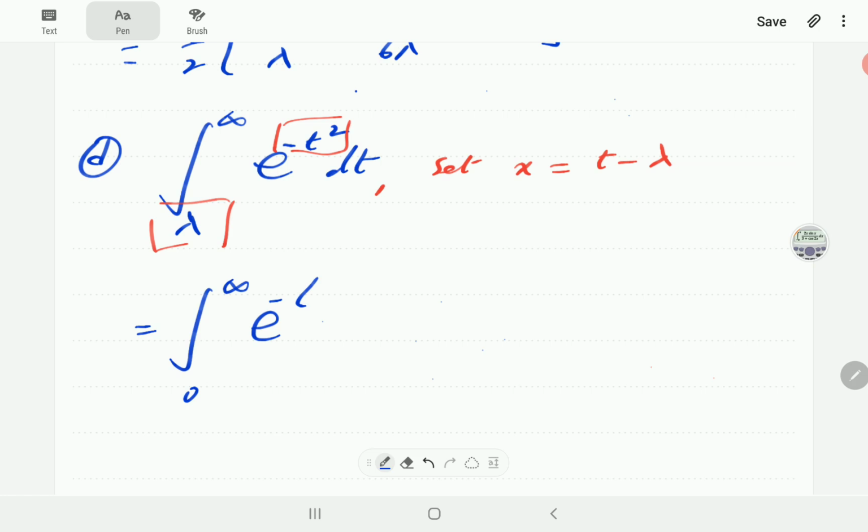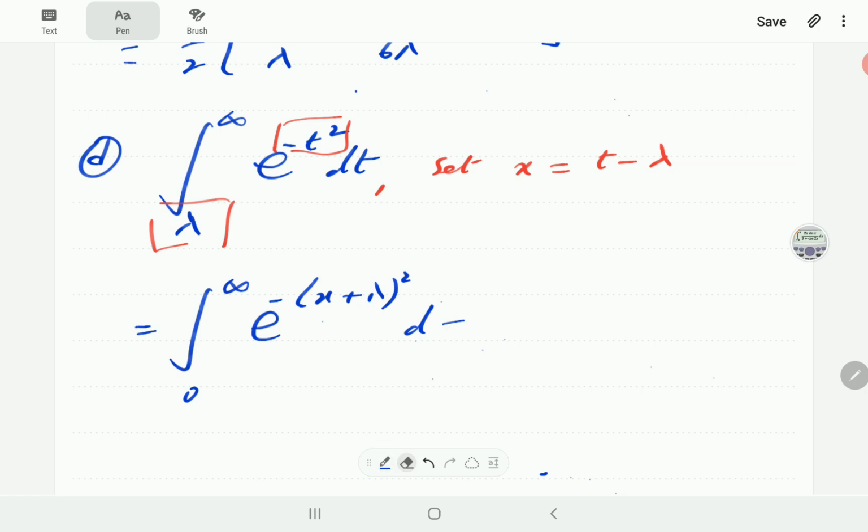minus t squared is going to be x plus lambda squared. dx is dt.